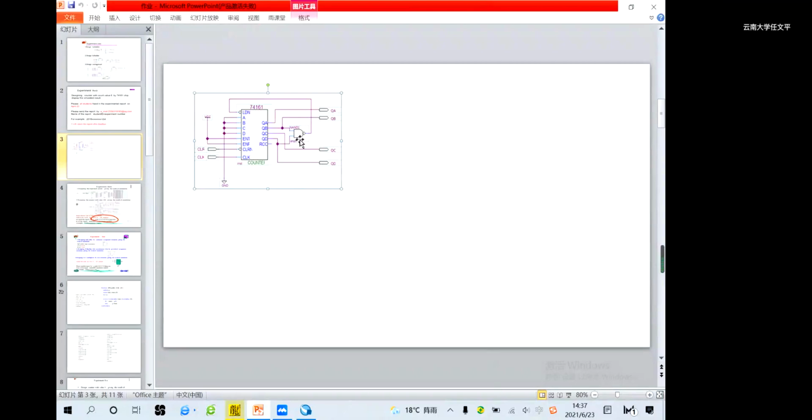Because I will design a 6 value counter, the NOT gate and AND gate must be connected like this. Why?